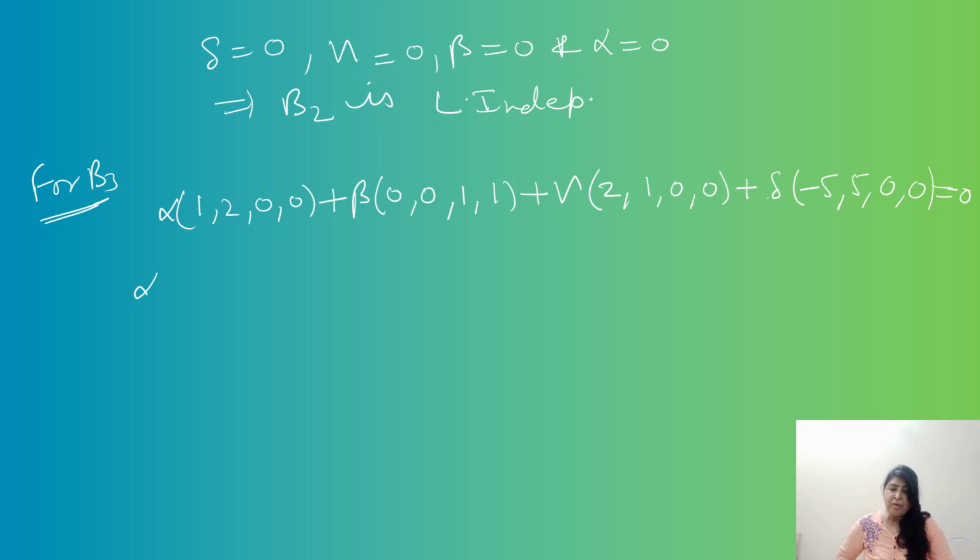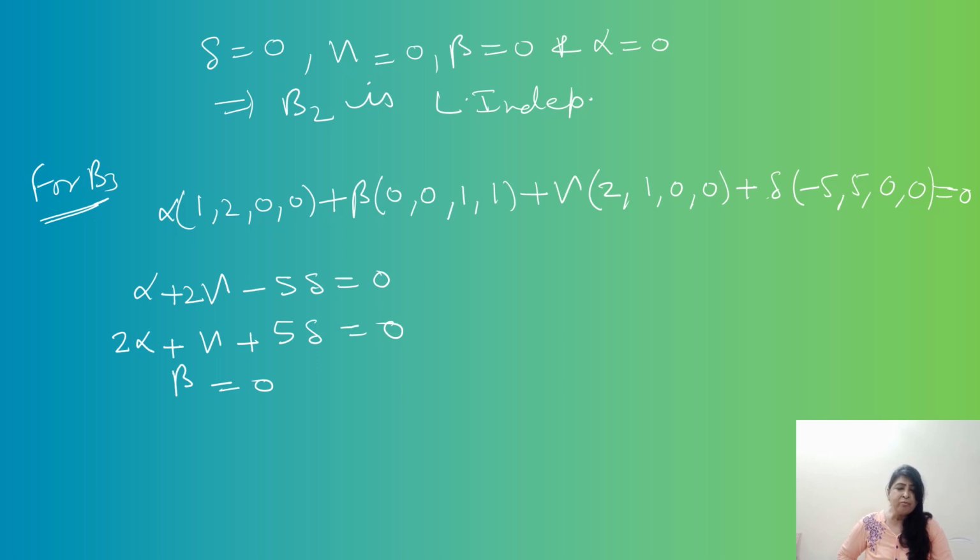So alpha plus 2 gamma minus 5 delta is equal to 0 by taking the first component. Then you have 2 alpha plus gamma plus 5 delta is equal to 0. Then you have beta is equal to 0.